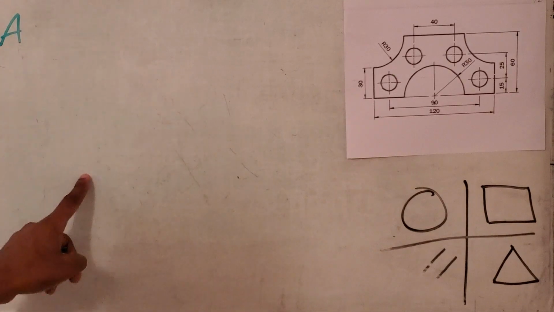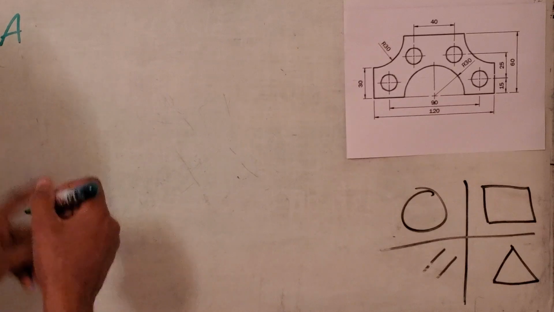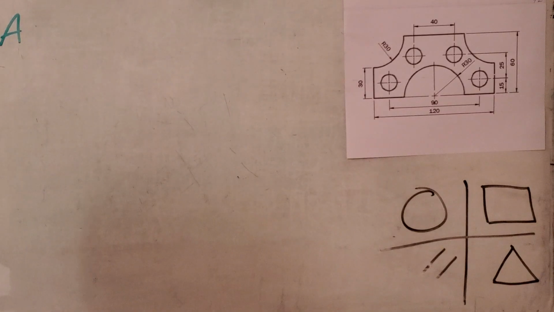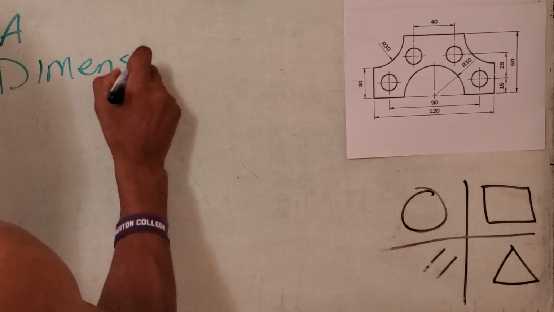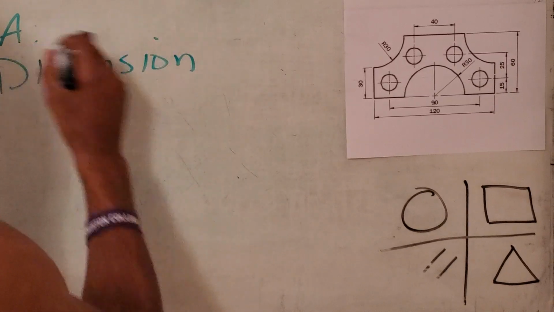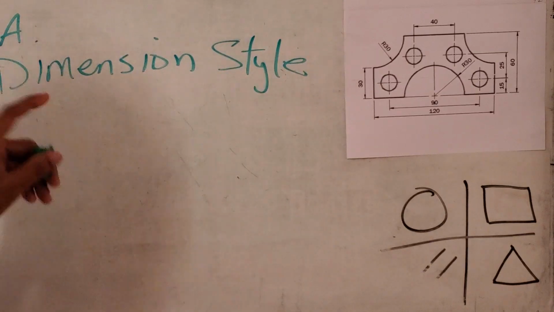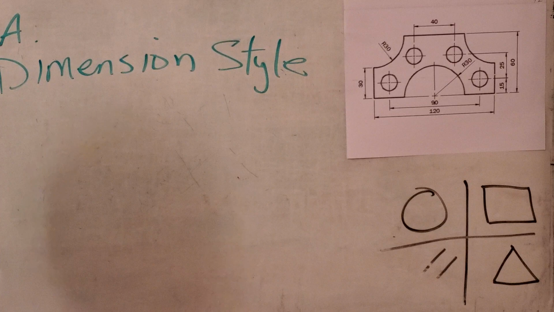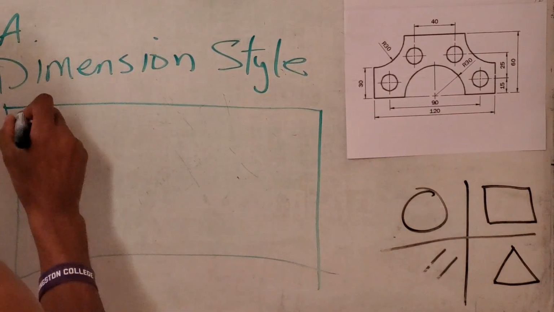And then you set up your 5 or 6 basic layers. From layers, the next thing to set up is your dimension style.